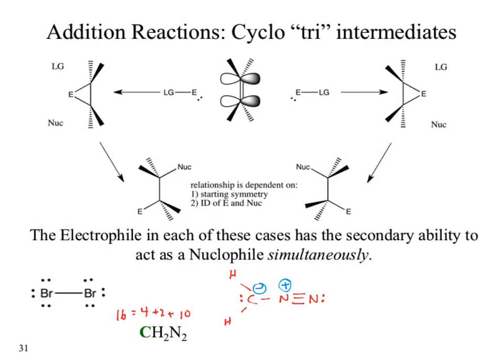No. So it's going to start withdrawing electron density as quick as it can. Where's the easiest place for it to get those electrons? We could try and go from the pi bond, but that means nitrogen stealing electrons from nitrogen. Does it want to do that? No. So it's probably easier to steal them from the carbon.